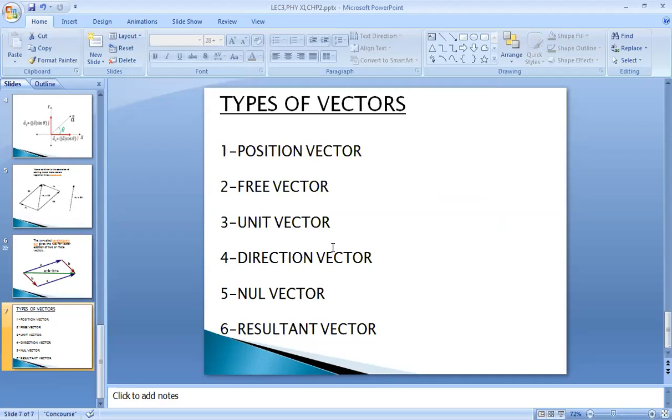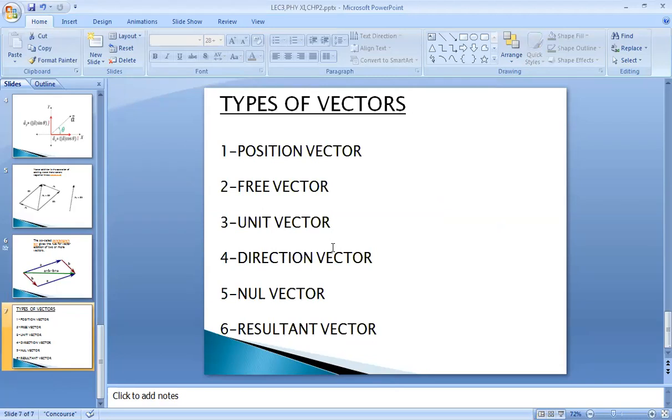The direction vector is a unit vector. You know that a vector has magnitude and direction. Therefore, in the next video, inshallah, we will do how to calculate a unit vector or a direction vector, or how to show the direction vector is a unit vector.